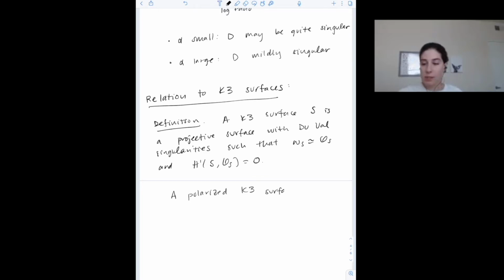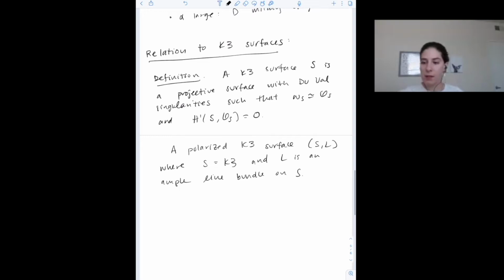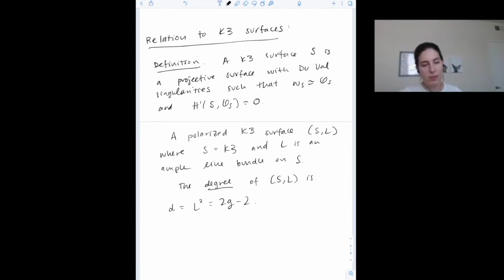So a polarized K3 surface is a pair (S, L), where S is a K3 and L is an ample line bundle on S, and we'll refer to the degree of a polarized K3 as the degree of L. Sometimes this is written as 2D because it happens to be even, but I'll just use D. And intrinsically in this way we can define the genus, which is 2G minus 2.